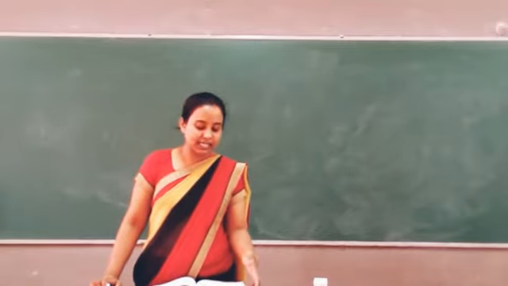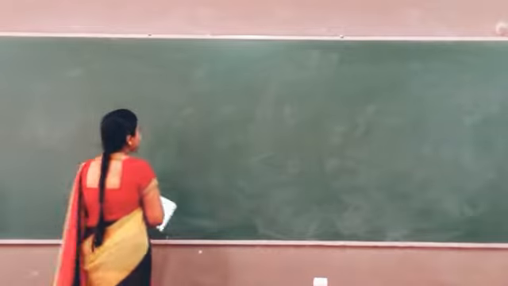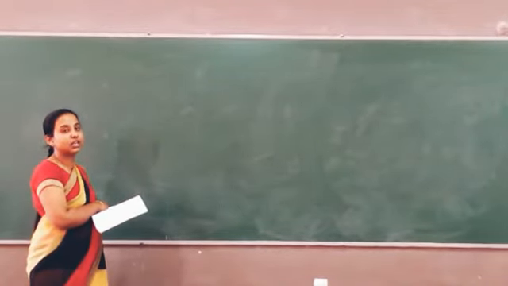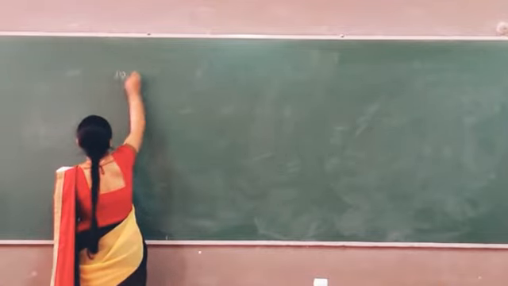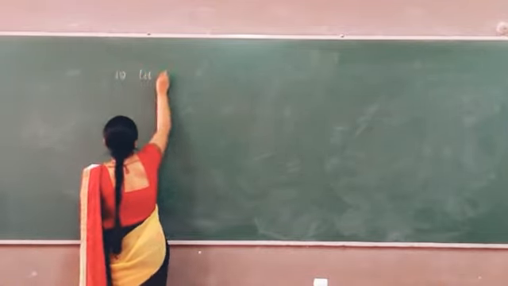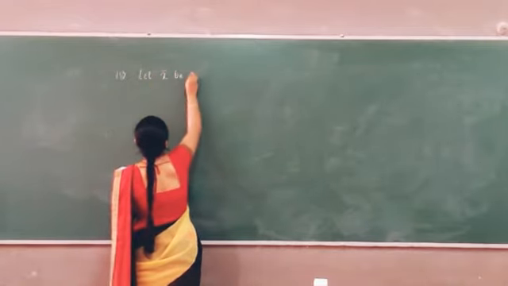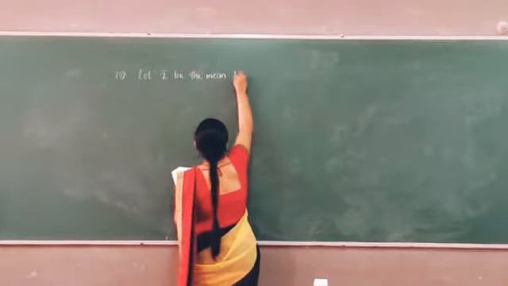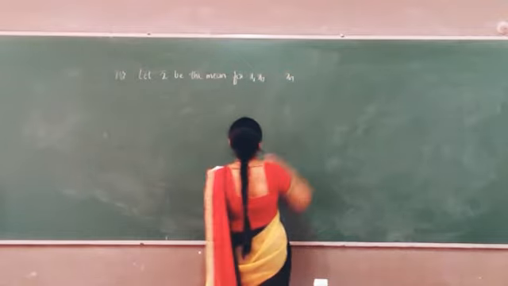Right? So first let us consider whatever they have given. What has been given? x1, x2 and so on up till xn. For these observations, we will consider those first. Let x bar be the mean for x1, x2 and so on up till xn.